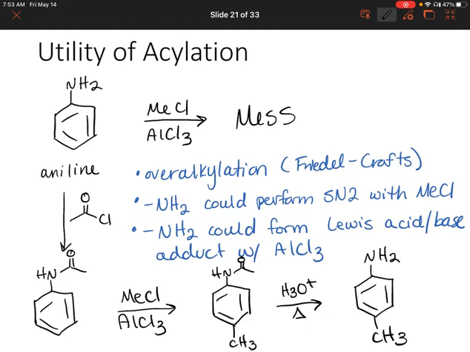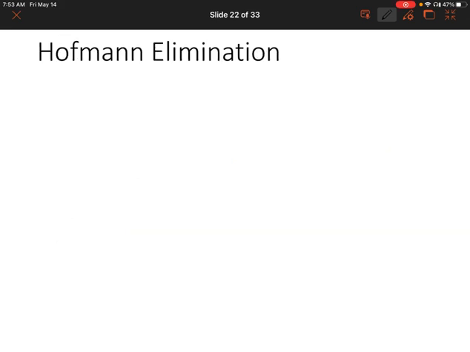All right. So again, this is another useful part of acylation. We can avoid some of these messy products. So let's talk about another type of reaction that we can perform with amines, and that is Hofmann elimination.